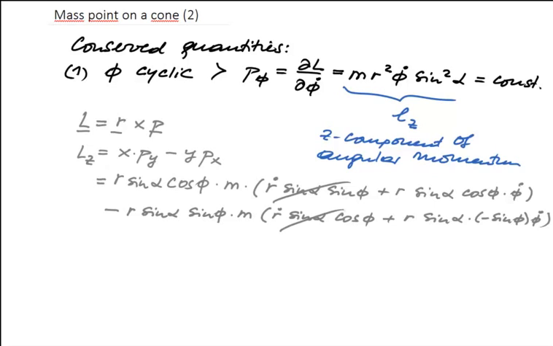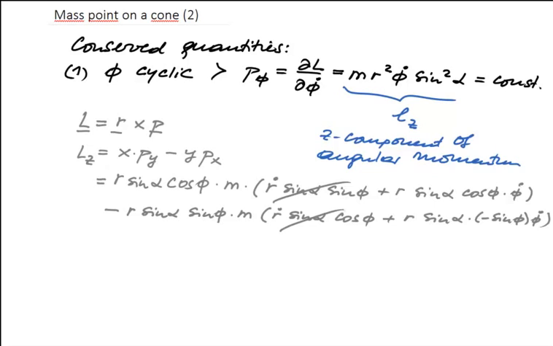Then look at the remaining terms. They have the same structure. In both cases, you have r squared sine squared alpha. You have the mass. You have phi dot. And then in the first case, you have cosine squared phi, and in the latter case, on the lower line, you have sine squared phi.